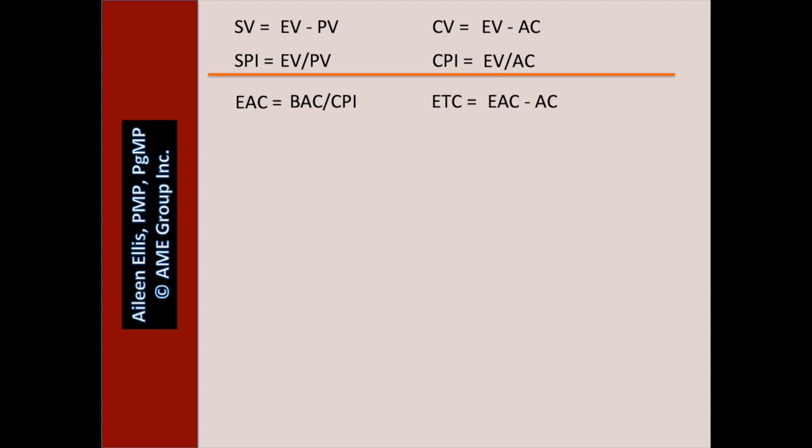The equation: ETC equals EAC minus AC. Still related is VAC, variance at completion, how much we expect to vary from the original budget. VAC equals BAC minus EAC. I would think of these as a grouping and study them together.